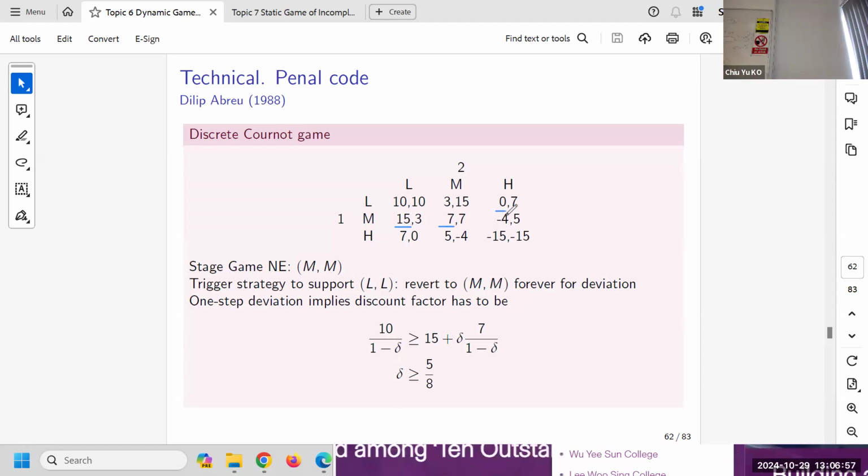For every strategy of the other, player 1's maximum is either 15, 7 or 0. And the minimum of this will be 0. So for player 1, he can always guarantee to get 0.